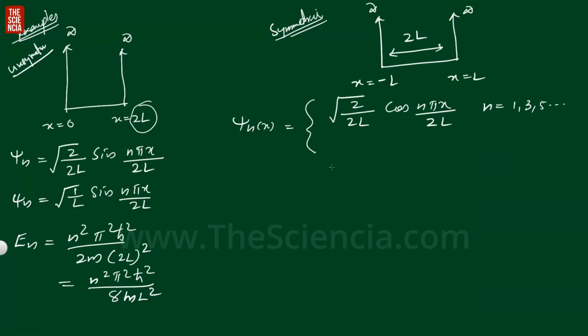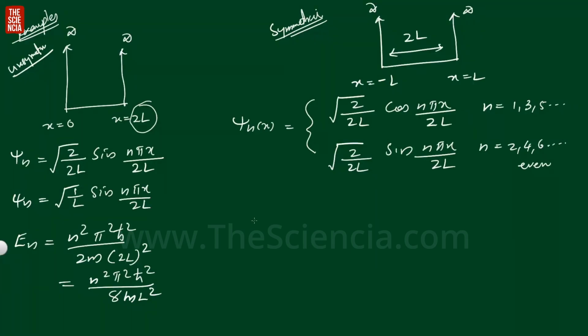And the other wave function corresponds to root 2 by, here the length of the box is 2L, and this is sine n pi x by 2L, for n equal to 2, 4, 6 etc. That is even values of n.